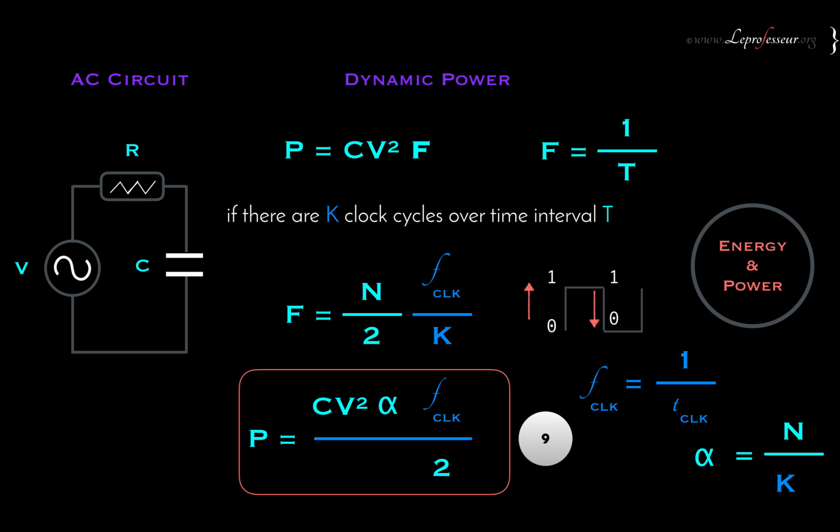So can we calculate the dynamic power? Yes. Now the switching factor, or the activity factor, depends on the data signal. Let's say your data signal is toggling 10 times. How do we know that? Well, we have to run certain test vectors and see how many times on average the data signal is toggling, and that becomes our activity factor, which we use along with the clock frequency, capacitance, and voltage.